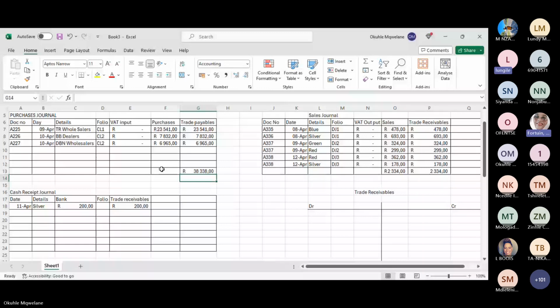Okay, so if we do the trade receivables control account, we're going to take the total of my sales journal.